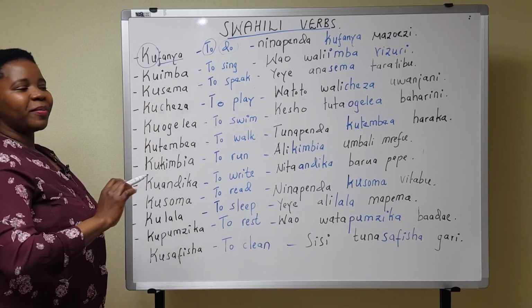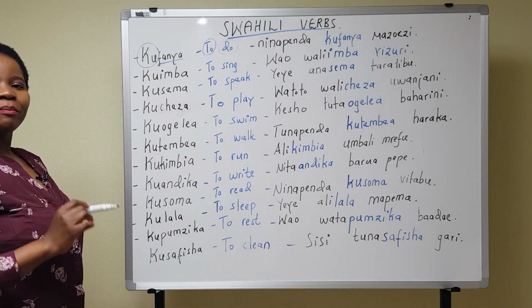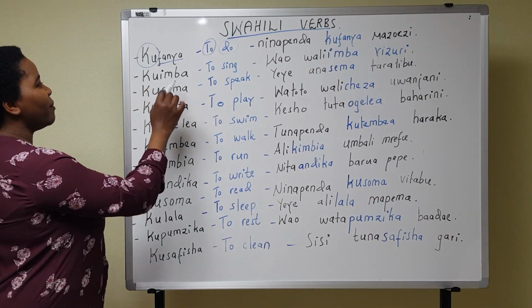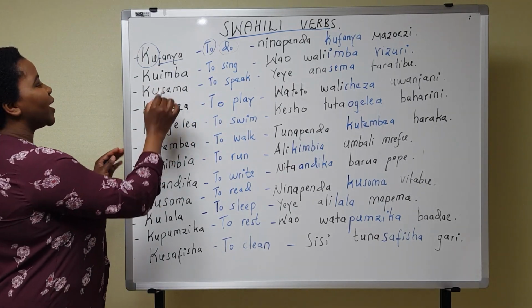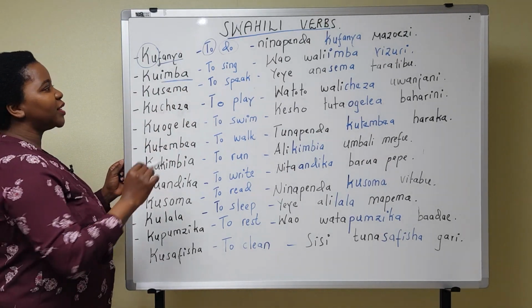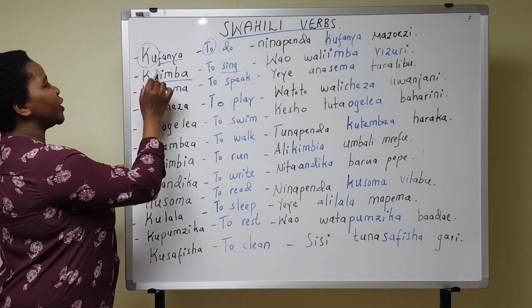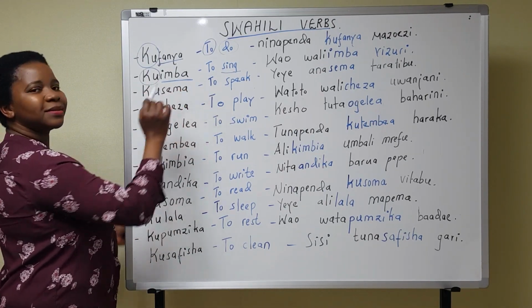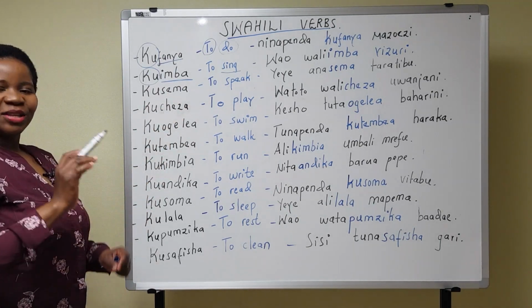The second verb is kuimba. Kuimba is to sing. Of course, the root is imba, which is sing. Ku is the infinitive, which means to, so kuimba is to sing.